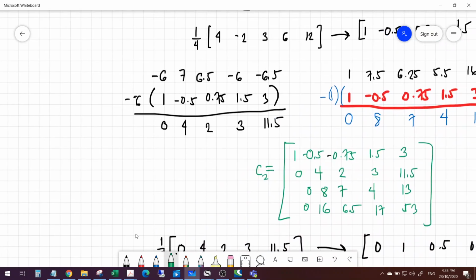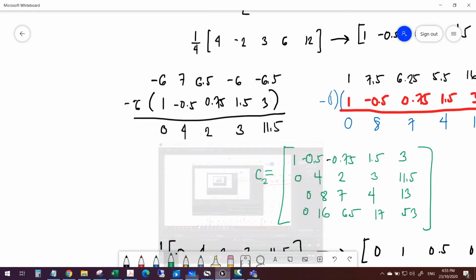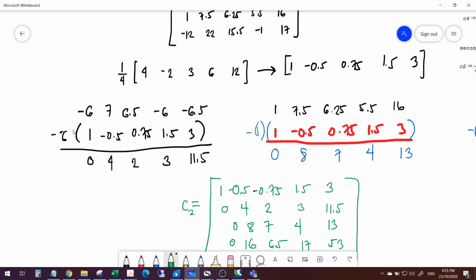Once you have that multiplying factor established already, then subtract these two matrices. So negative 6 minus negative 6 times 1, of course, that will be 0. 7 minus negative 6 times negative 0.5, that will be 4. 6.5 minus negative 6 times 0.75, 2. Negative 6 minus negative 6 times 1.5, that's 3.